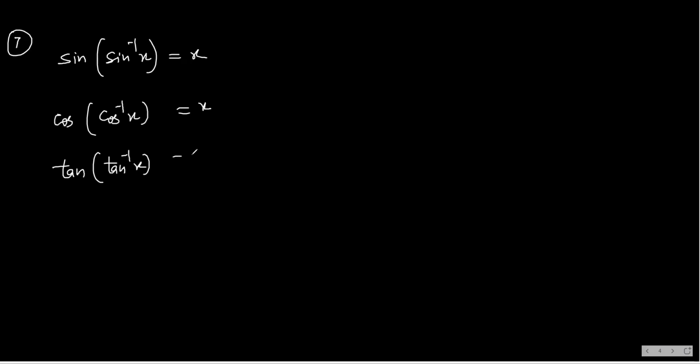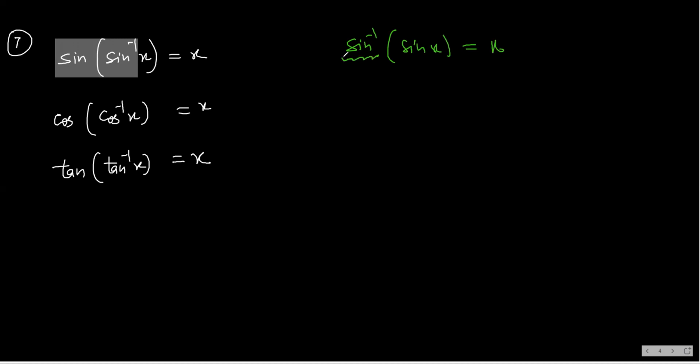Here you can check, trigonometry is outside and inverse is inside, whereas in that one, you remember, you had sine inverse of sine x, so you wrote x. There you had inverse outside and trigo inside. Okay. Now check.